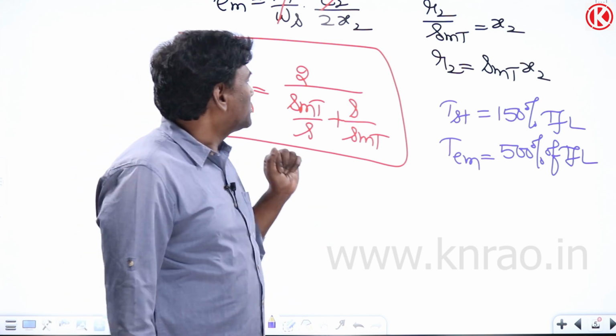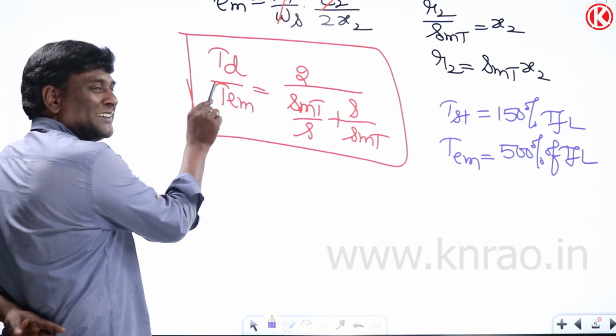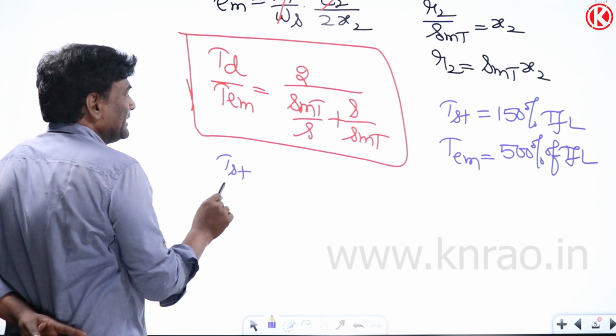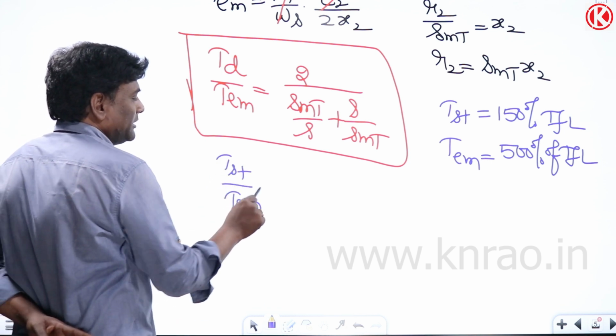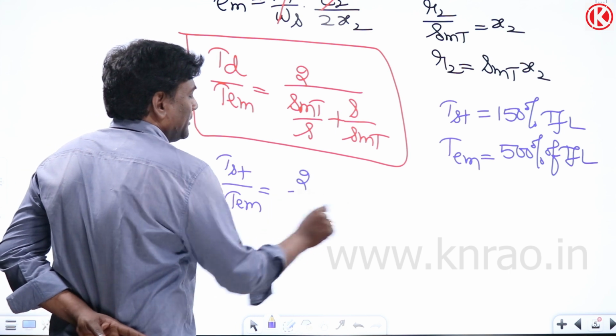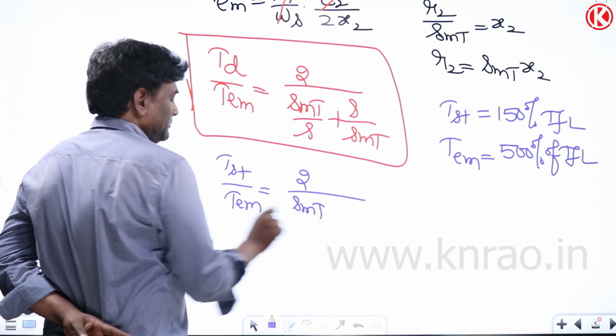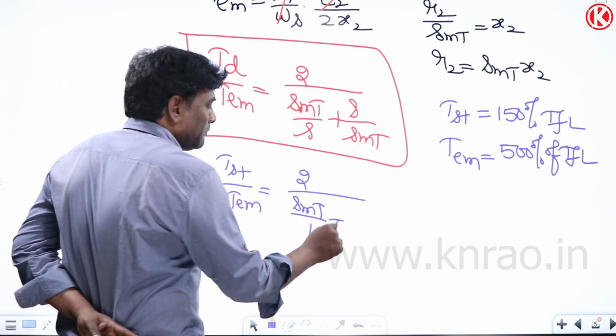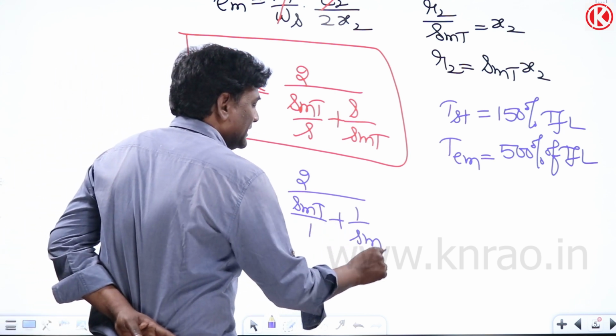What you are supposed to do is, in place of TD, write TST. TST, the starting torque, divided by the pull out torque is going to be 2 divided by SMT by S plus S by SMT, with S equal to 1 at starting: 1 plus 1 by SMT.